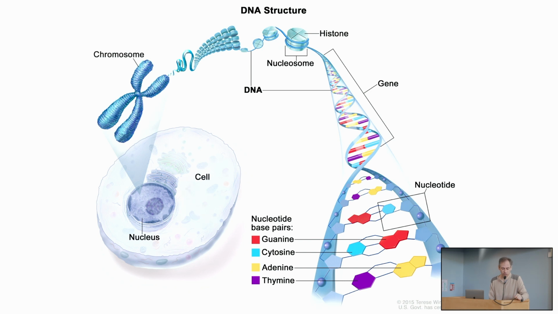Basically, the genome is all of our organism's DNA, and we can see that it's organized in chromosomes, of course. And DNA is a chain of small molecules, which are called nucleotides.